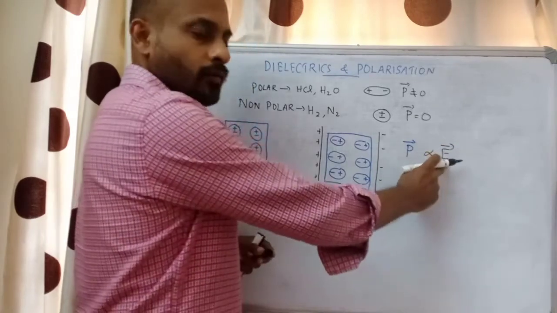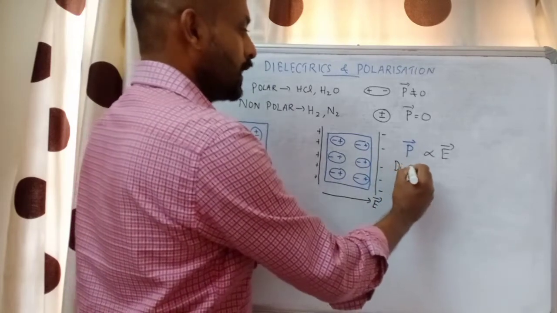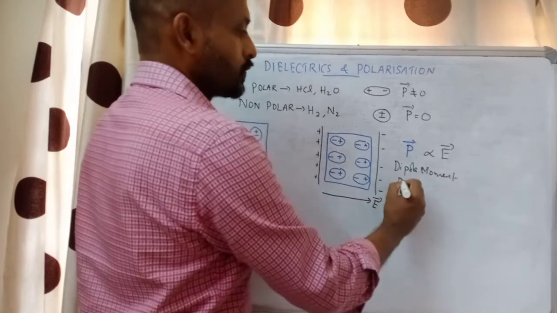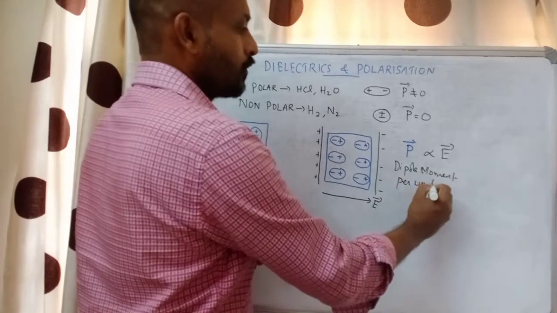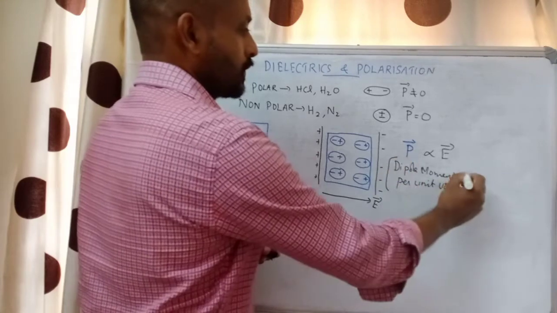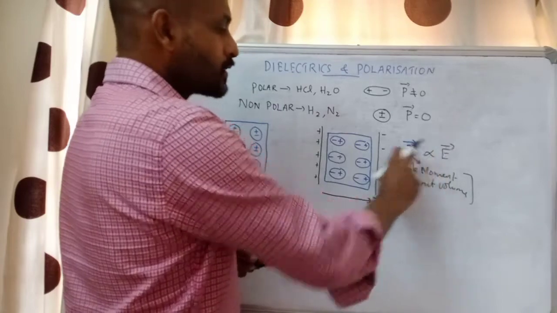P proportional to E. What is P? P is the induced dipole moment per unit volume of the dielectric. And E is the electric field.